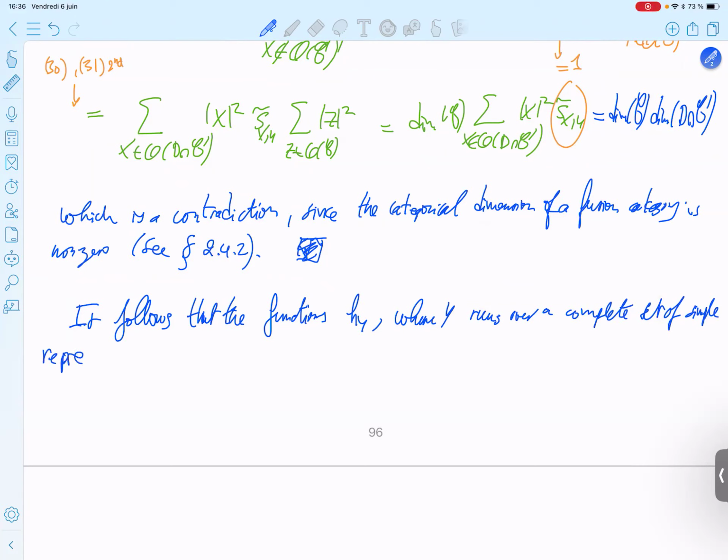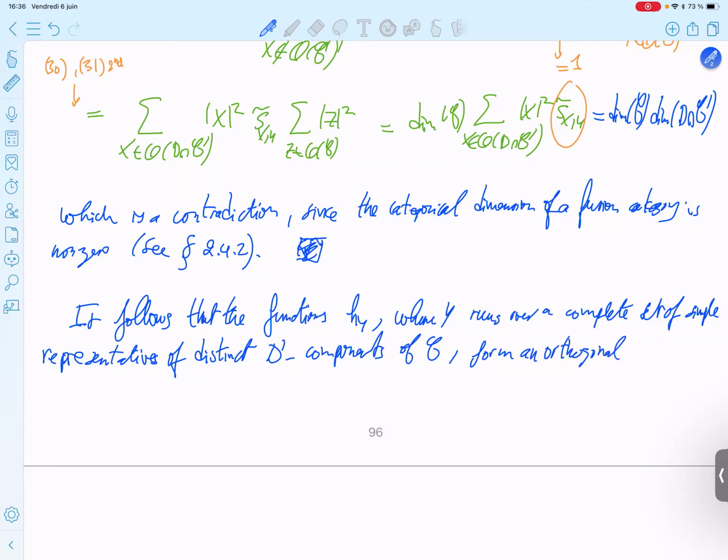So it's very long to say something is trivial. Orthogonal basis.